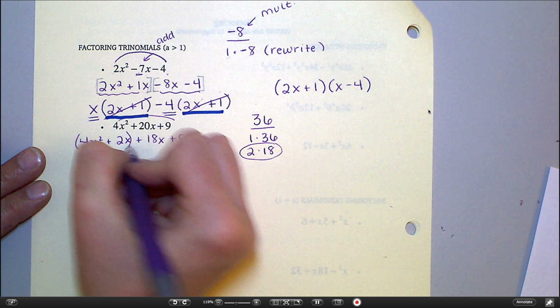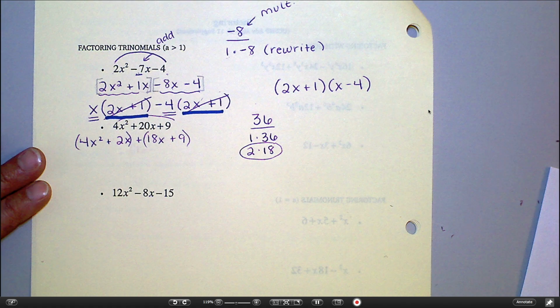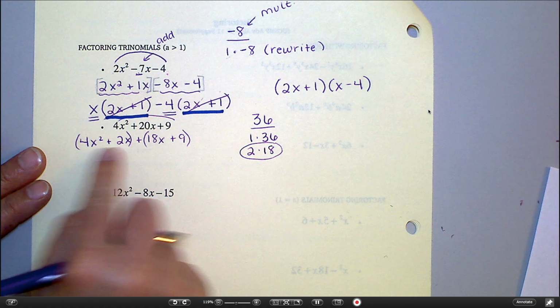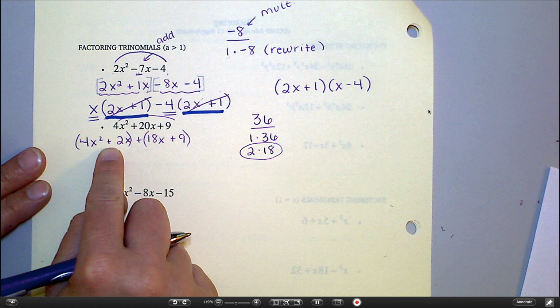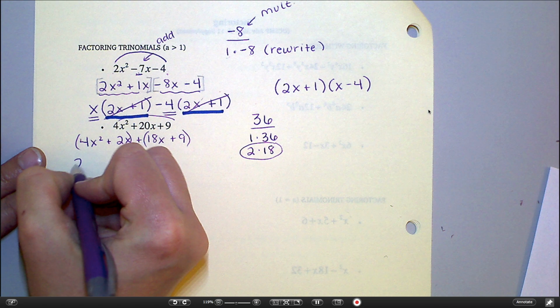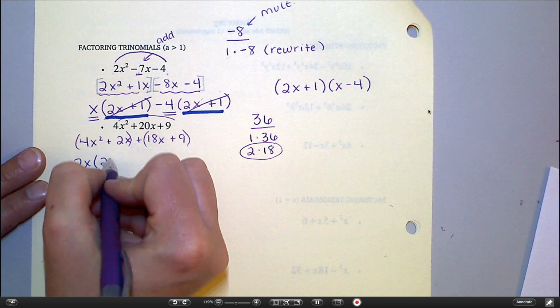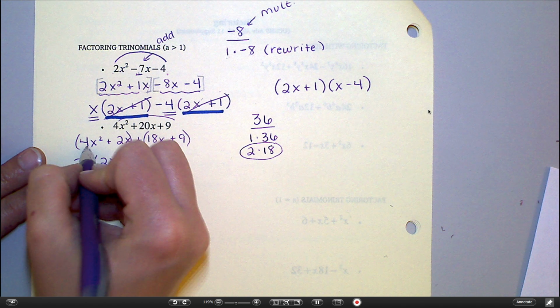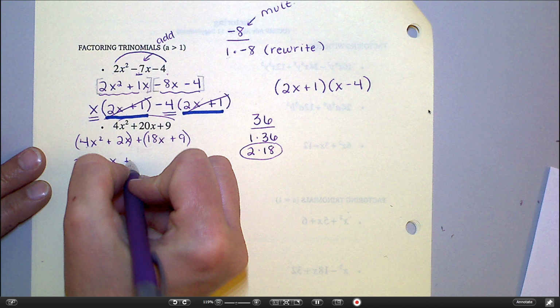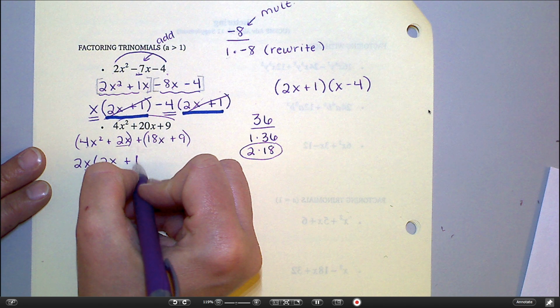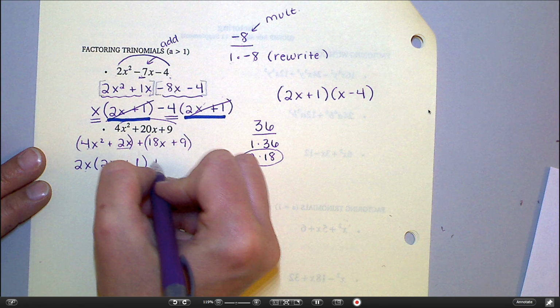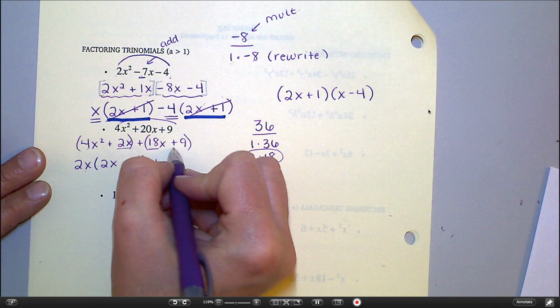Group these and group these. Okay, and I'm going to say, what can I pull out of 4x squared and 2x? Well, I can take a 2x out of each of them. That would leave me with a 2x here, because 2x times 2x gives me 4x squared. That would leave me with a 1 here, plus, and then what can I pull from 18x and 9?